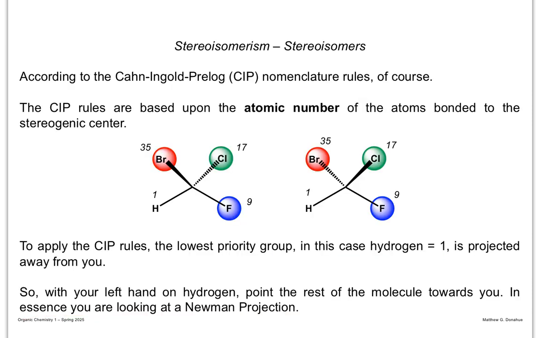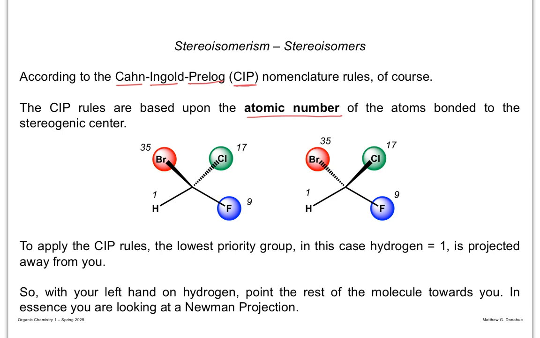So we learned the normal nomenclature rules. Now we can differentiate them using this subset called Cahn-Ingold-Prelog. And for the rest of the semester in Organic 2 as well, I'll just call it the CIP rules. So really what we're identifying is the carbon atom. And so we said there's four different substituents, and then we assign a priority to those substituents based on, and this is the important part, the atomic number.